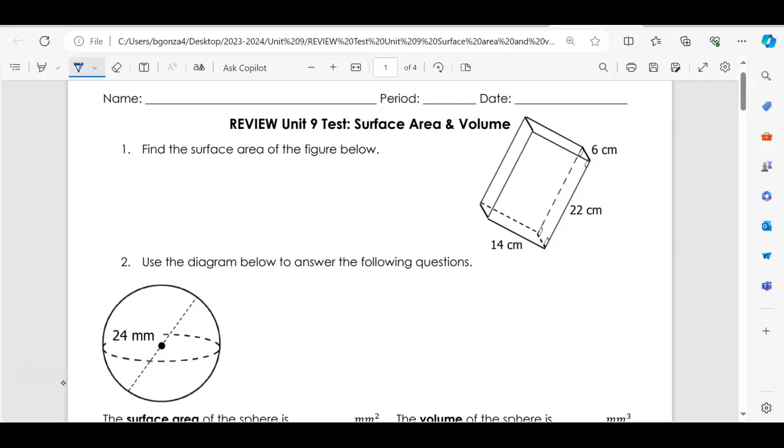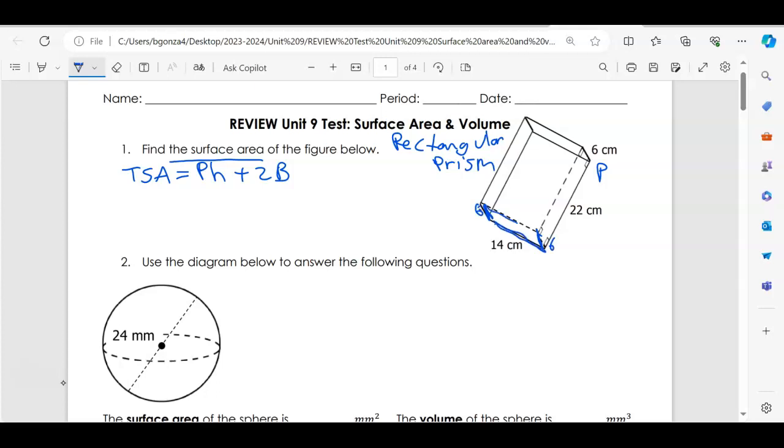But this is a rectangular prism, right? And if we're doing the surface area, that is total surface area of a prism, which is PH plus 2B. Now, we've got to figure out P, H, and B. So P on the bottom here, these two sides match the top there, 6 and 6.